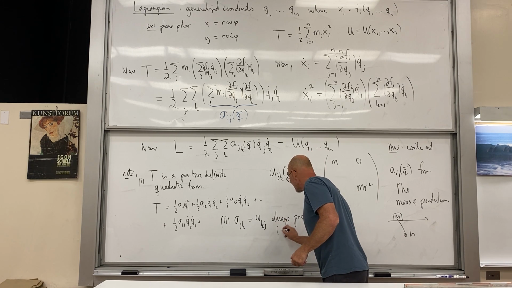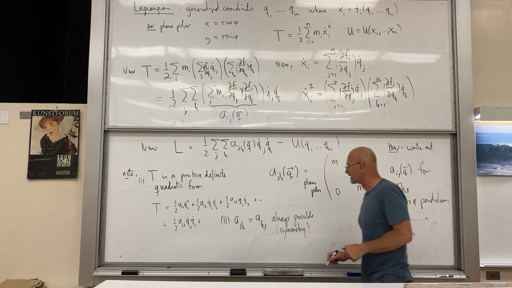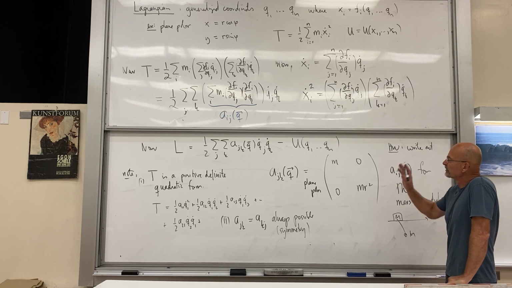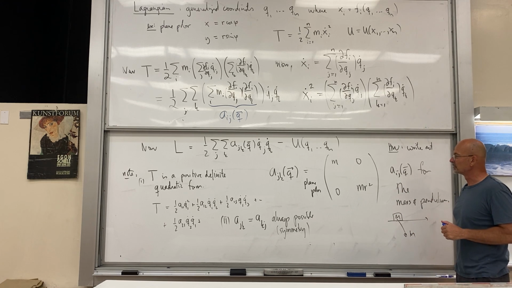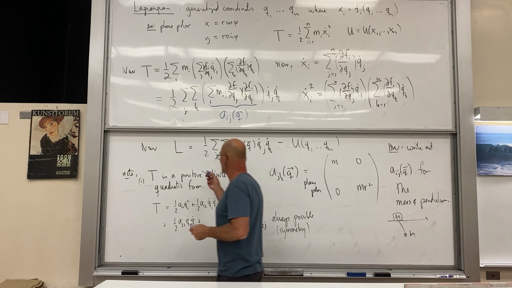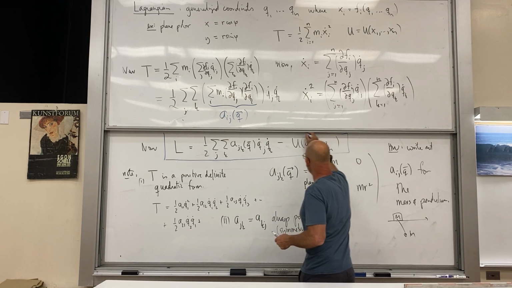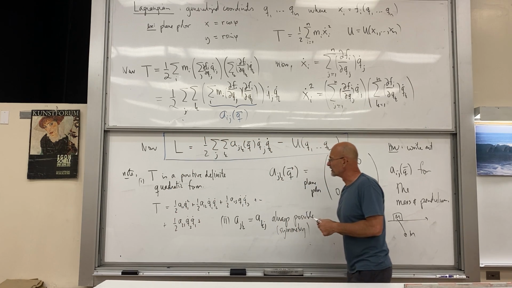So, positive definite and symmetric. With these examples, plane polar coordinates and our complicated system, we're good to go with this object here. So there's our general Lagrangian that we're going to use for various and assorted discussions.